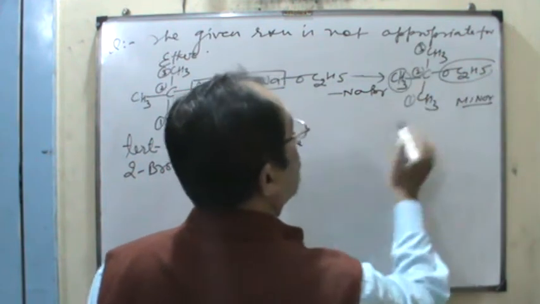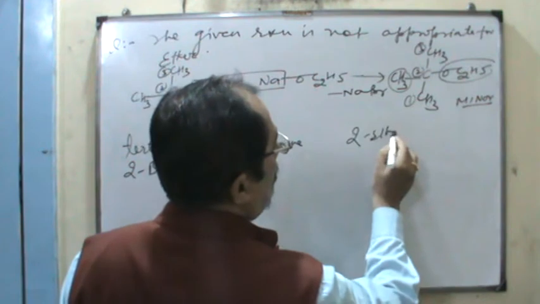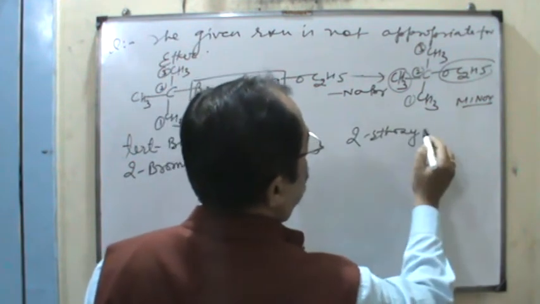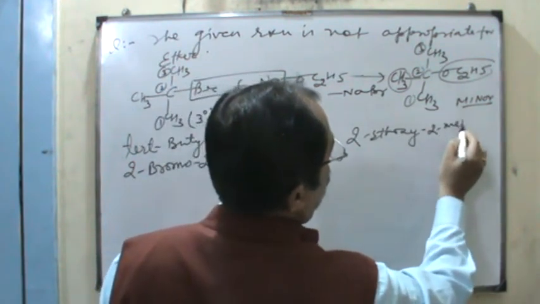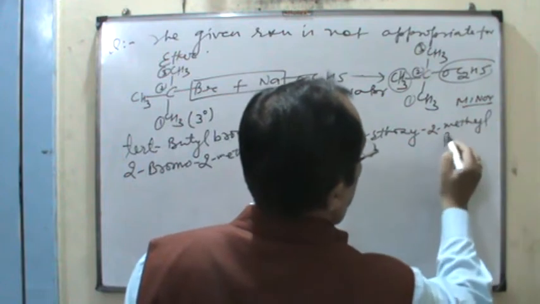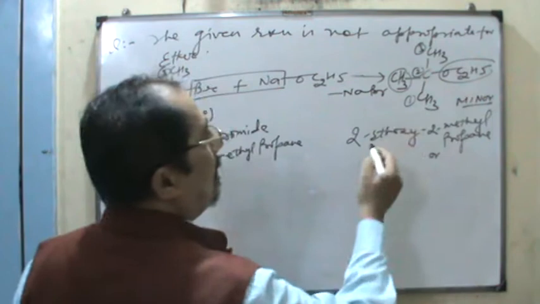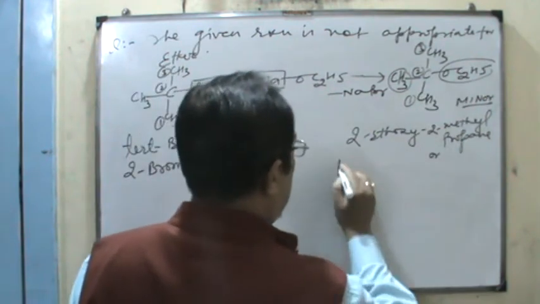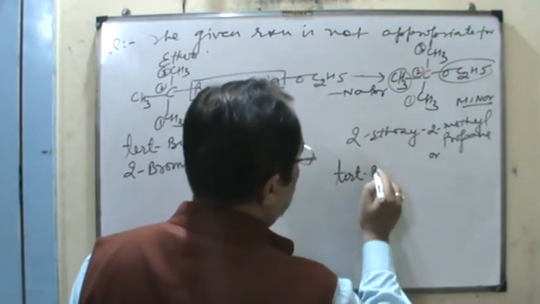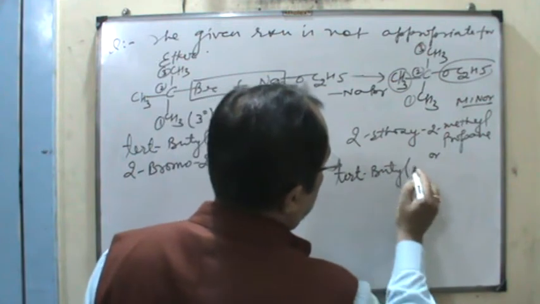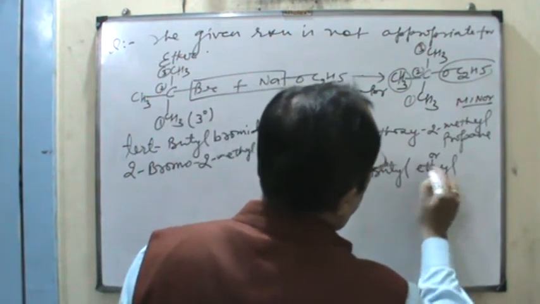2-ethoxy, 2-methyl propane in the IUPAC system. What is that? Butyl, tertiary butyl, tert-butyl ethyl ether.